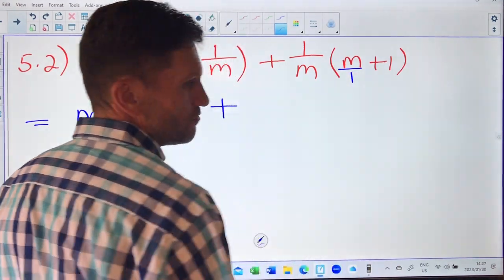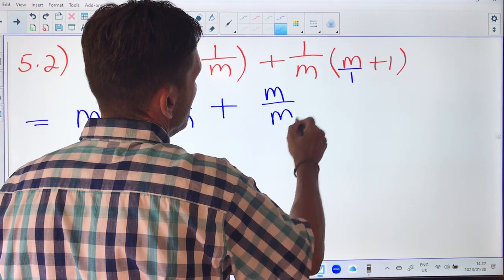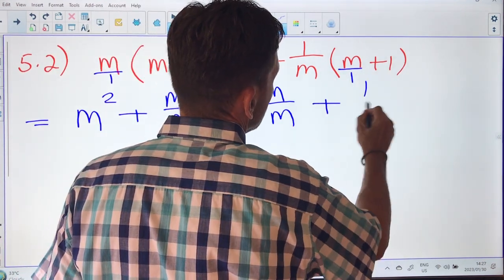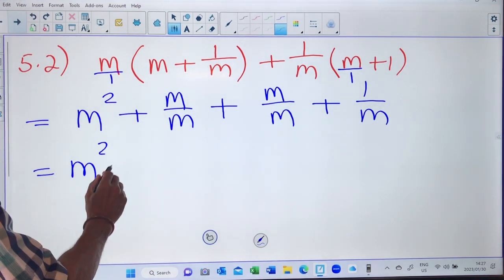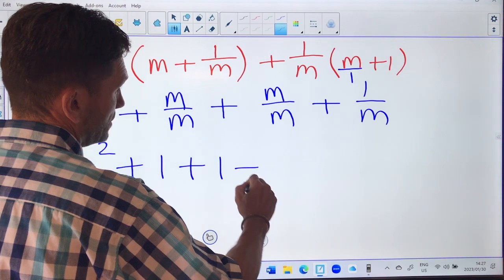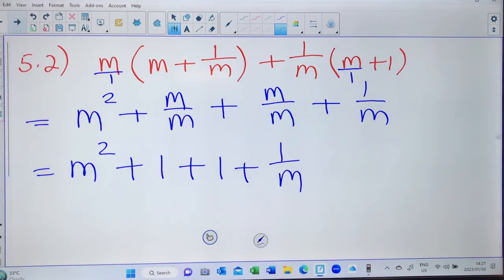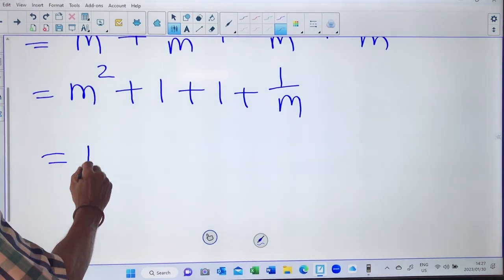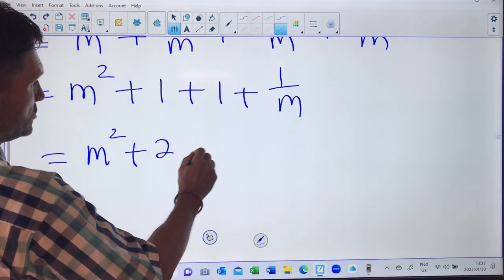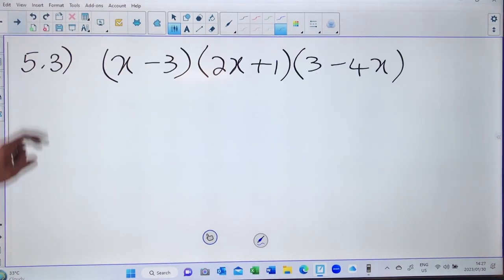This is really m over 1. 1 times 1 is 1, m times 1 is m, and that times 1 is 1 over m. Now you will notice that in the middle here, m over m is 1. So that means that we will have m squared plus 2 plus 1 over m.